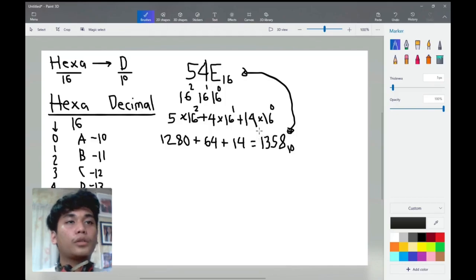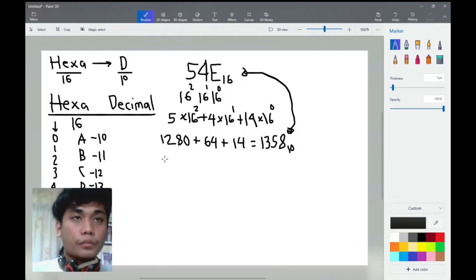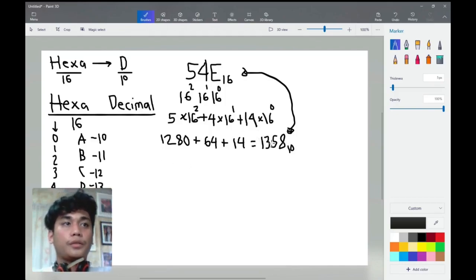So how are we going to prove that this is 54E? We have a method called checking, and this will help us prove that 1358 base 10 is 54E base 16 hexadecimal. So in short, in checking we're just going to convert it from decimal to hexadecimal.